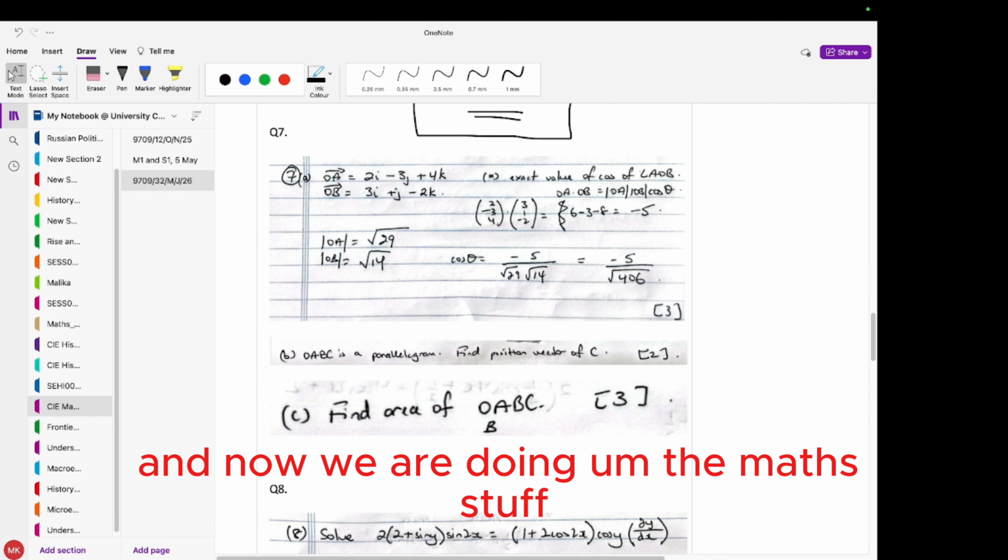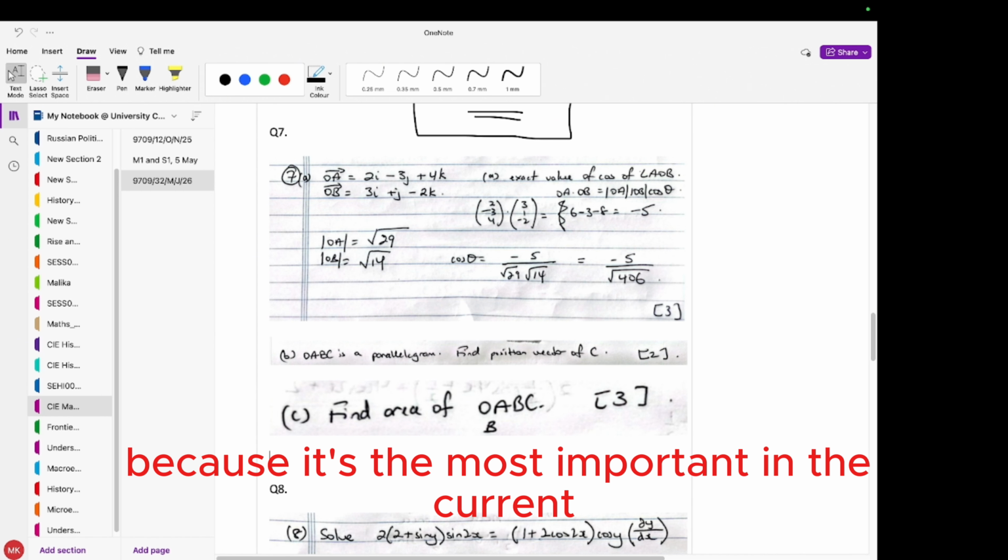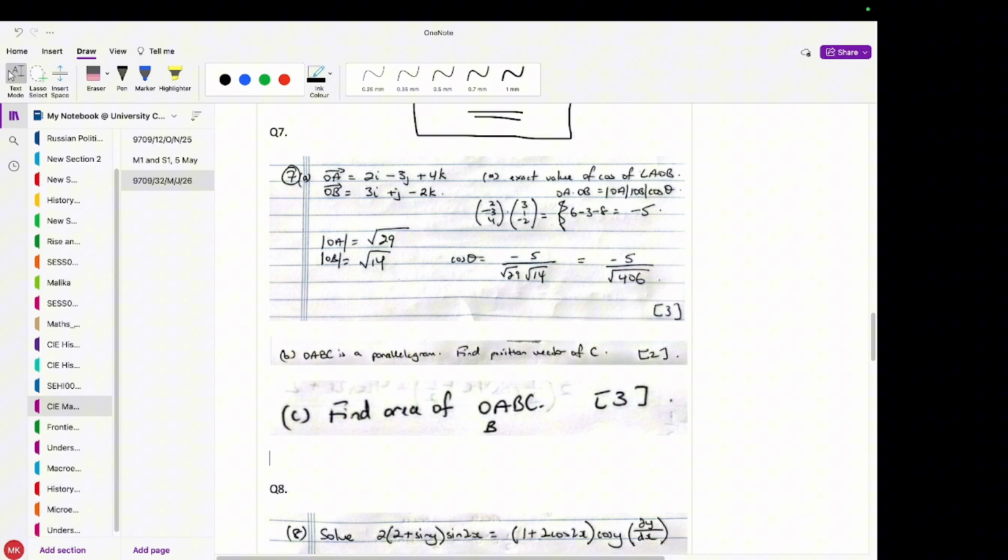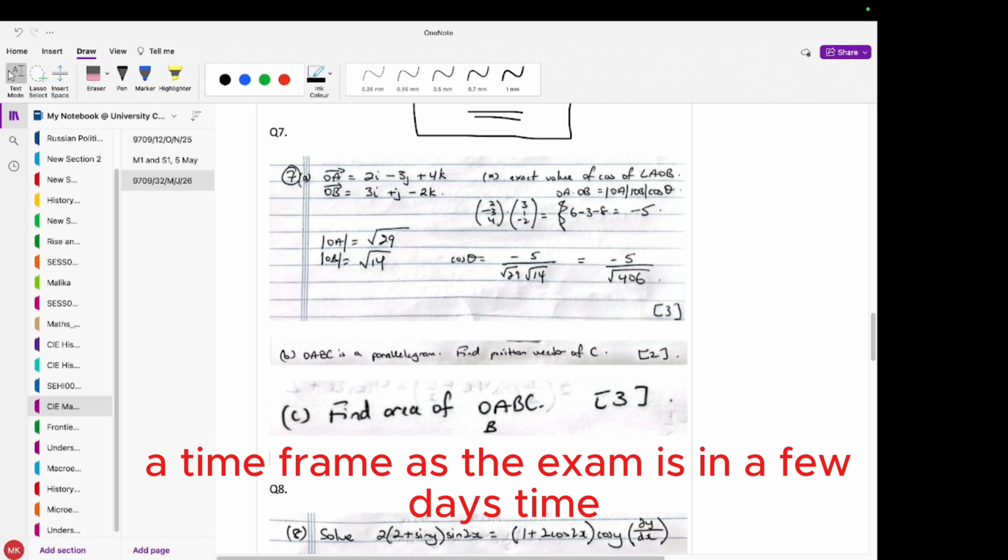And now we are doing the maths stuff because it's the most important in the current time frame, as the exam is in a few days' time.